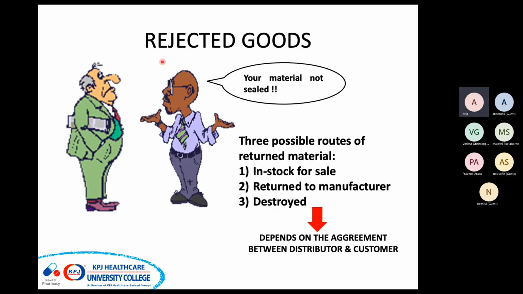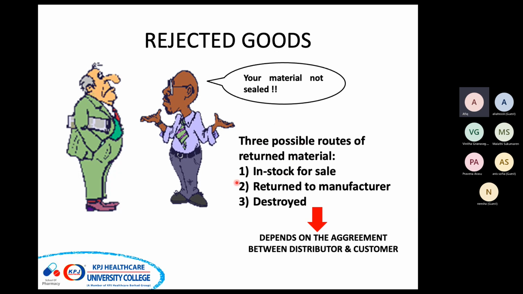So what happens to the rejected goods? Let's say you want to reject two drums from the 10 that you ordered. What happens to the two? There are three possible routes for that rejected material.